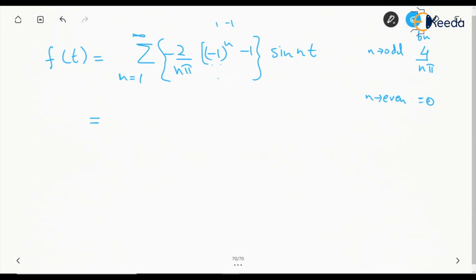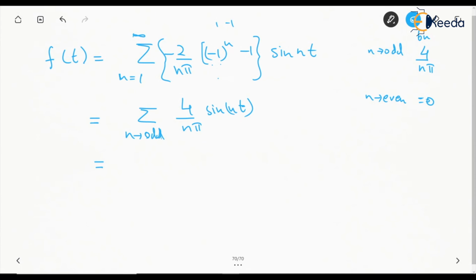So this exists only for odd values of n, and it is given by 4 by n pi. So it can be written as 4 by n pi into sine n t for n being odd values, from 1, 3, 5 and so on.